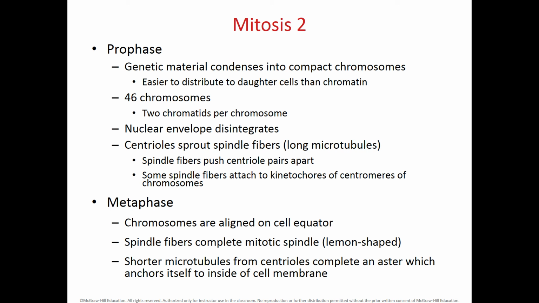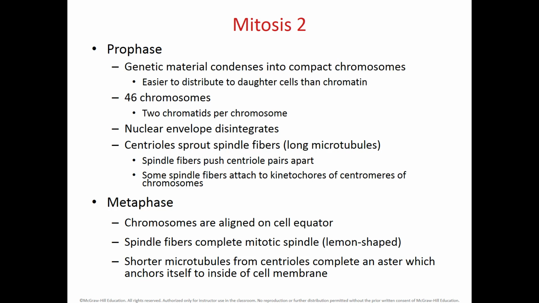Now, in metaphase, the cell will have a center that is called the equator, and the chromosomes will align in a horizontal fashion at the cell equator into what we call the metaphase plate.